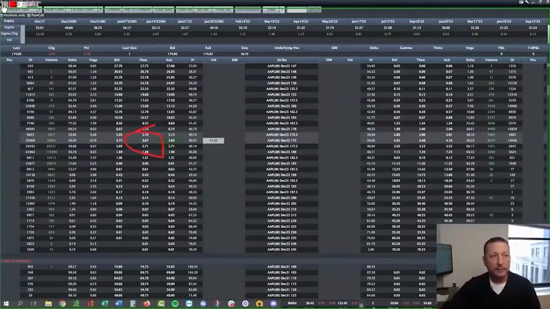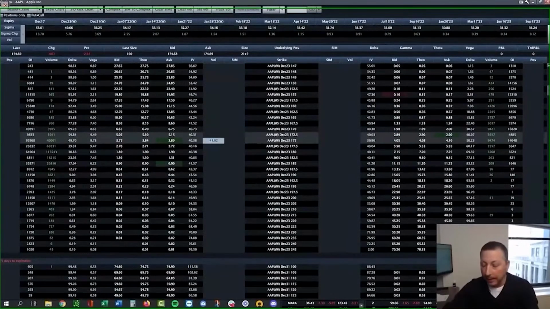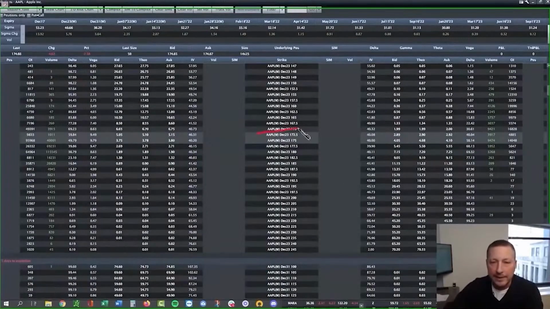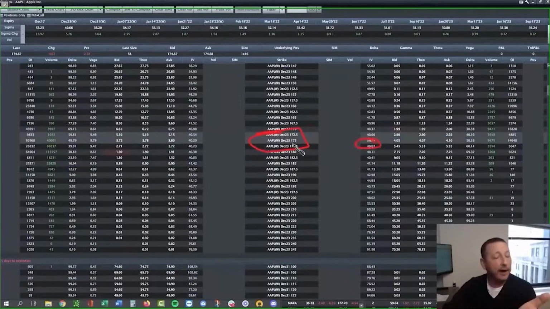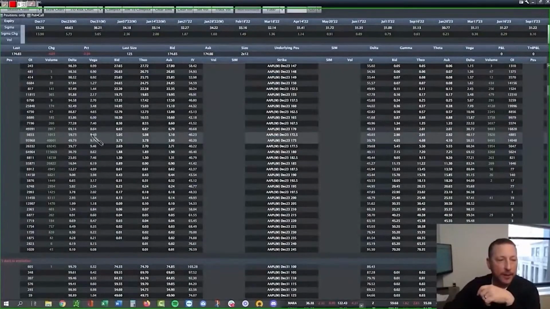Now, for comparison purposes, let's focus in right now on the put side. The put side, the December 175 put, has the same implied vol, 40% ish, as the call. And that put right now is trading about 4.07. That vega is the same, of about 10 cents.